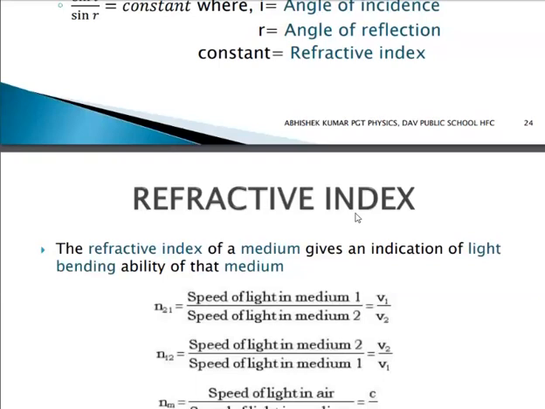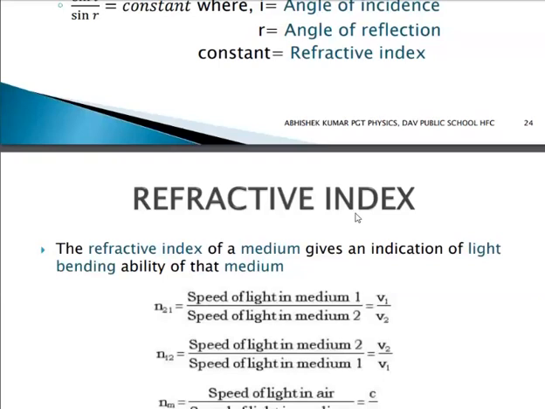That is, when light passes from the first medium to the second medium, the ability of the second medium to bend the ray of light, and the extent to which it can bend, will measure the refractive index of that.